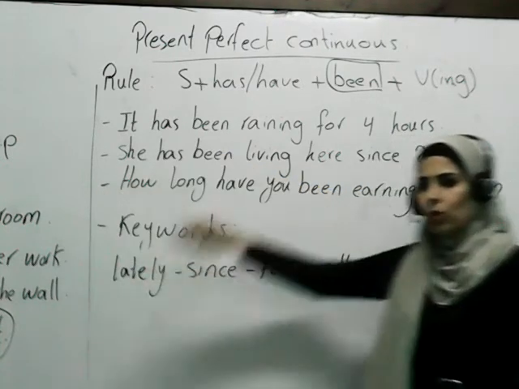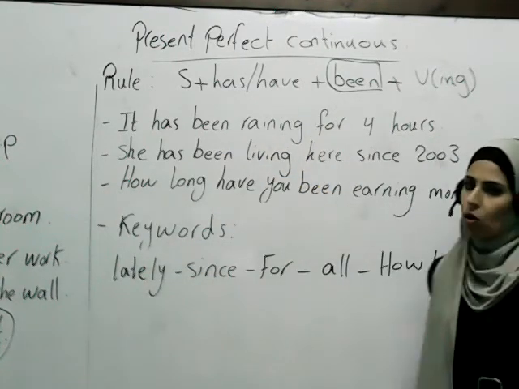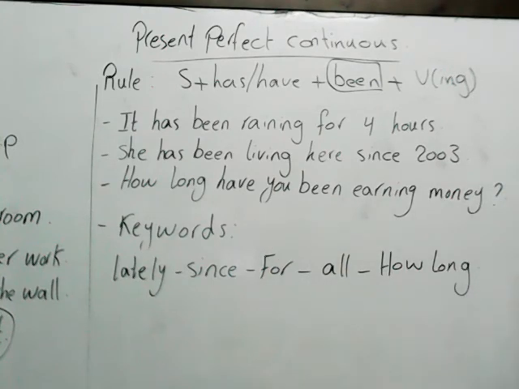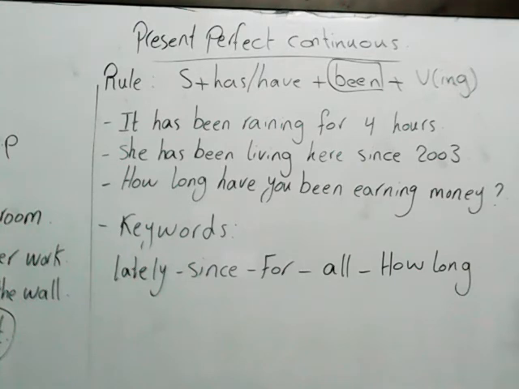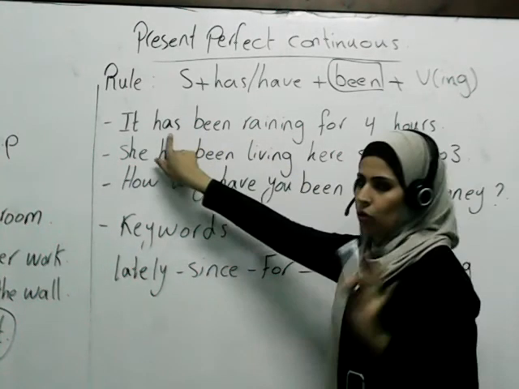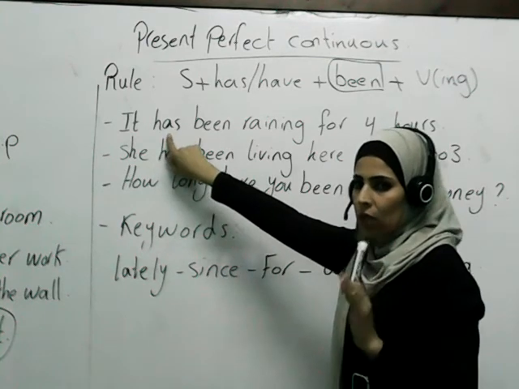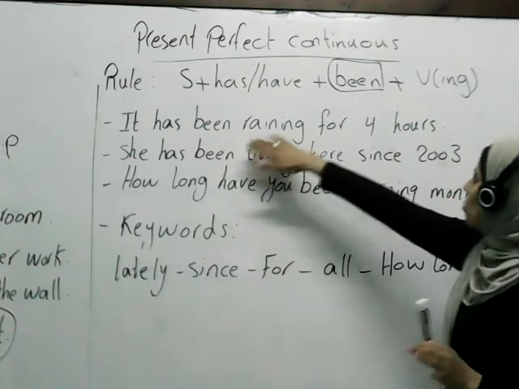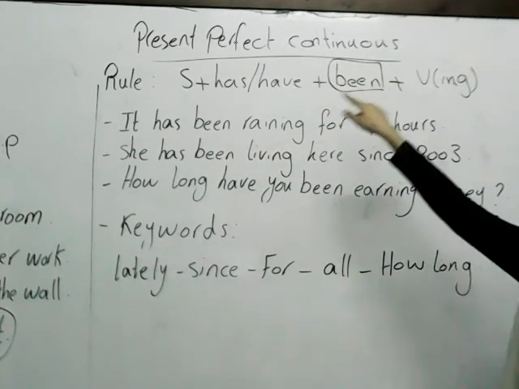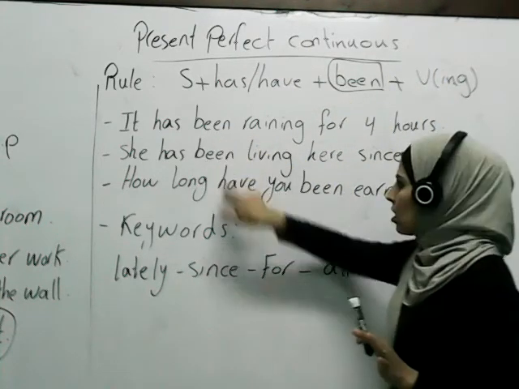No need to repeat when we use has and when we use have because we have already talked about them before. 1. It has been raining for 4 hours. First, I'm sure you know why we used has here. Been should be used here because we are dealing with present perfect continuous, so it's fixed in each sentence.